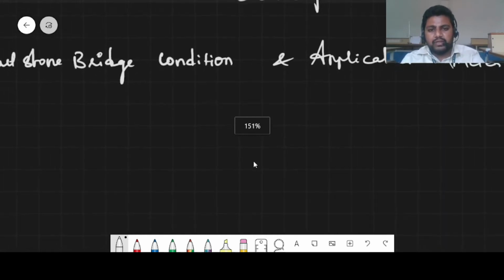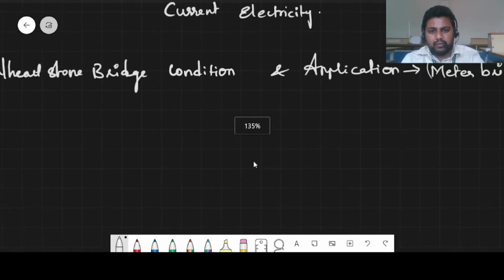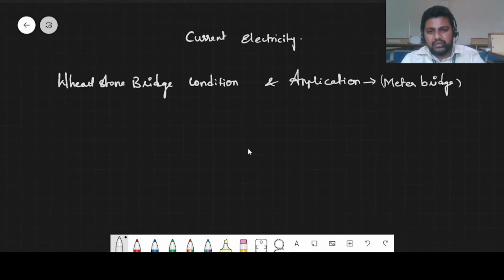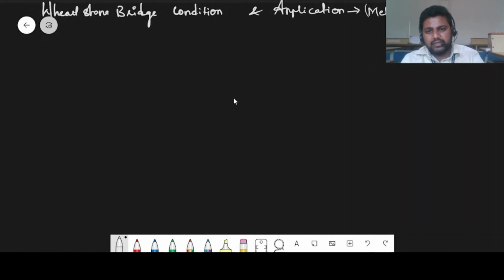According to Wheatstone, one scientist has found a way to represent four different resistors in a particular circuit shape to determine the relation between the resistances.